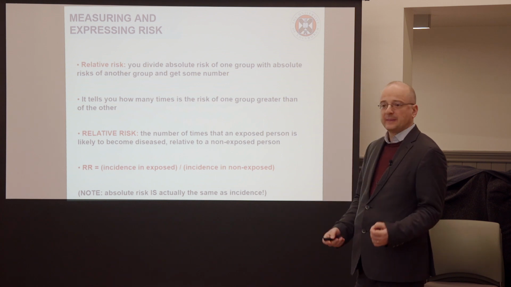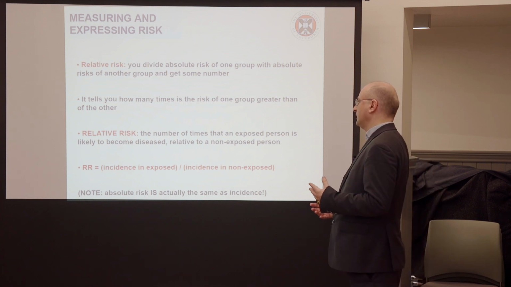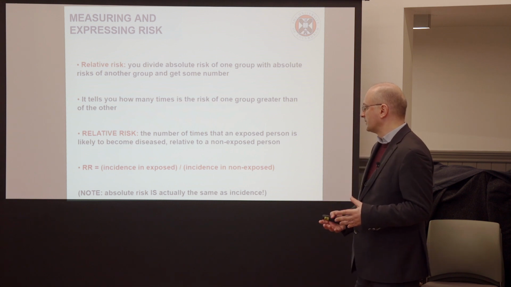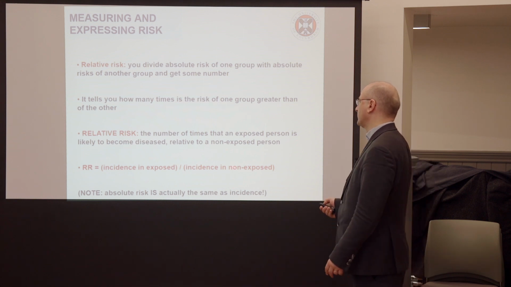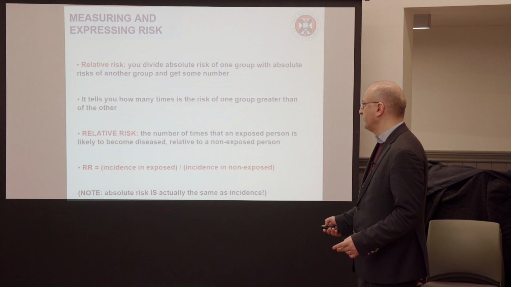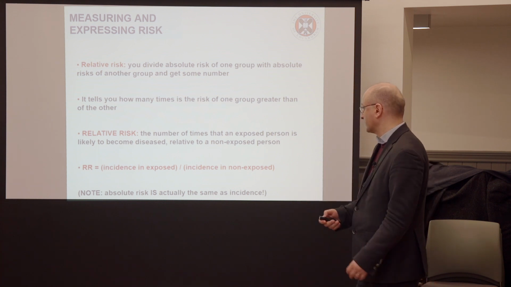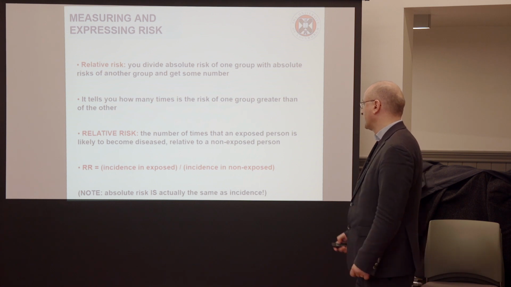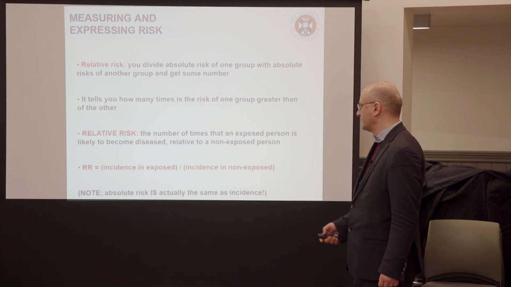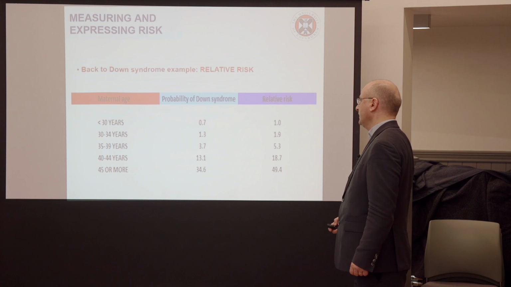And basically, you get it by dividing 2 absolute risks by each other. So it's incidence in exposed versus incidence in non-exposed, but in fact, it's the absolute risk of exposed over the absolute risk of non-exposed. So in this case, absolute risk is the same as incidence, all right?